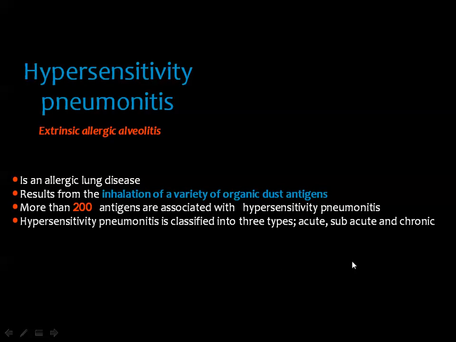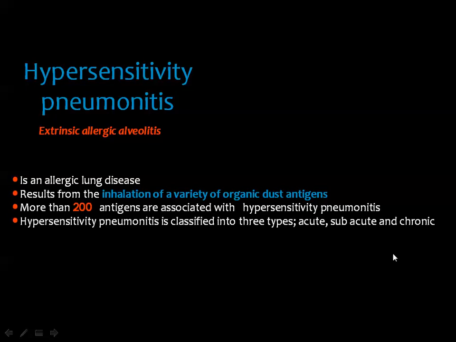And what about the hypersensitivity pneumonitis, also known as extrinsic allergic alveolitis? From its name, this is an allergic lung disease related to the inhalation of a variety of organic or dust antigens, and it is known that more than 200 antigens are associated with hypersensitivity pneumonitis.